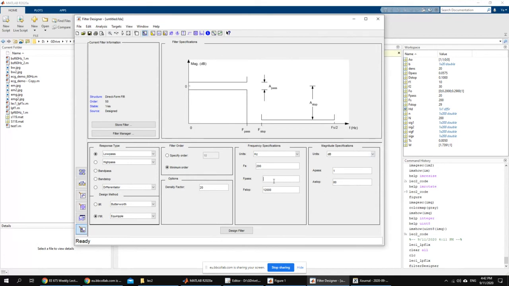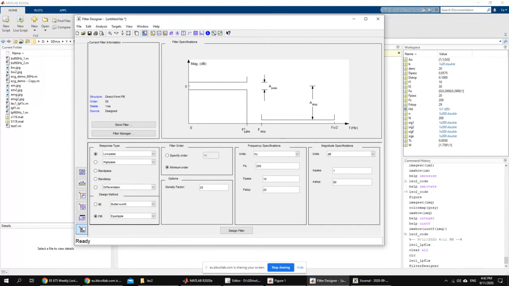So we chose F-pass equal to 10, and F-stop, let's just say 25, to have a different frequency. If you choose the decibel scale, we accept here variations around 1 decibel.